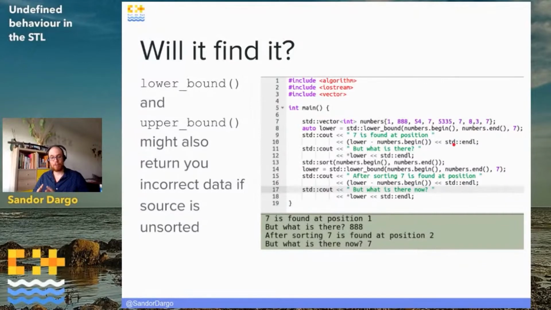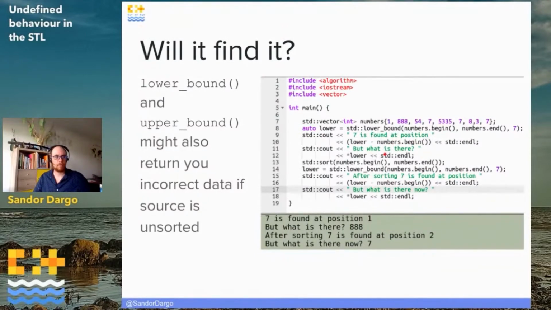It works on sorted ranges, and if you have multiple 7s, obviously they will be next to each other, and lower bound will return you the position of the first one, and upper bound will return you the position of the last one.